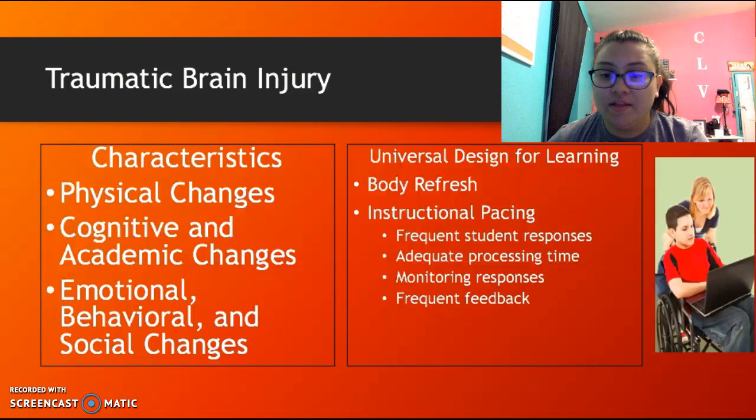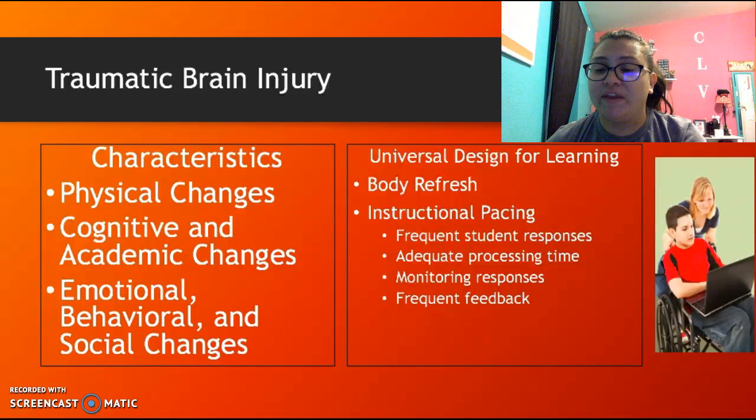Another UDL that I was looking into is instructional pacing. This evidence-based strategy involves delivering course content in smaller increments or in packets of information and allowing students to respond to smaller chunks of information. Also with this, when you ask a question, you want them to have enough time to think about it and process it before making them answer.